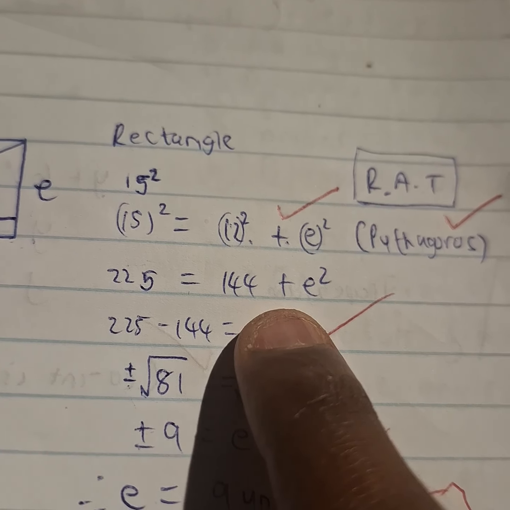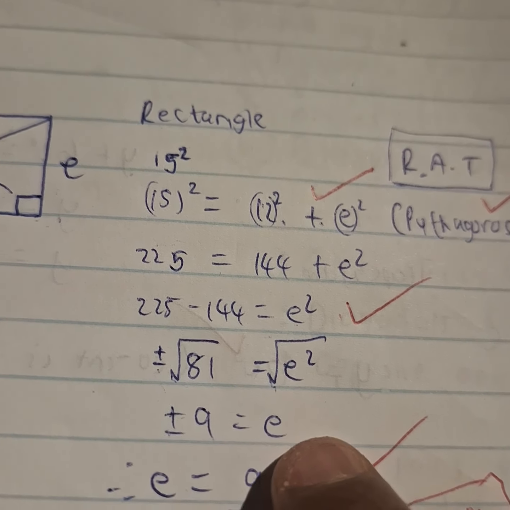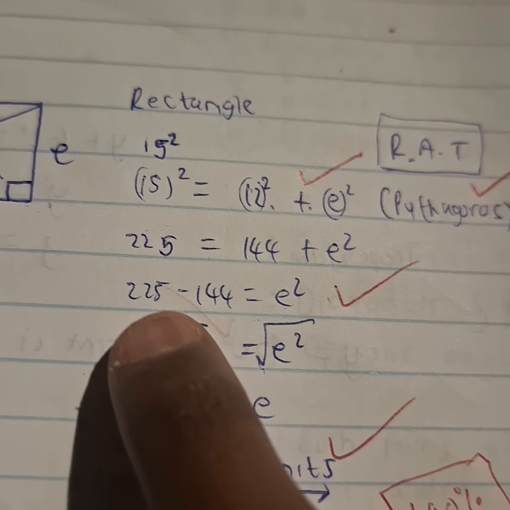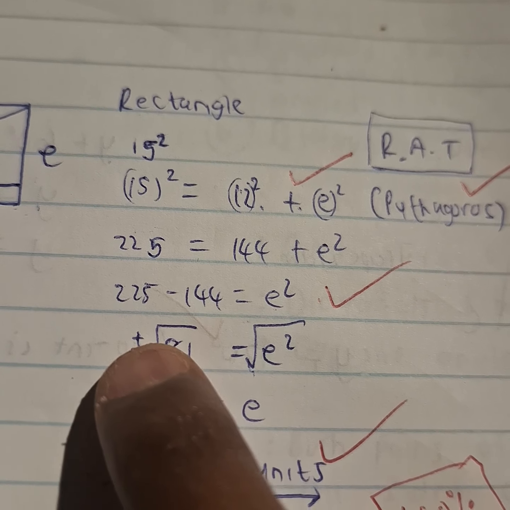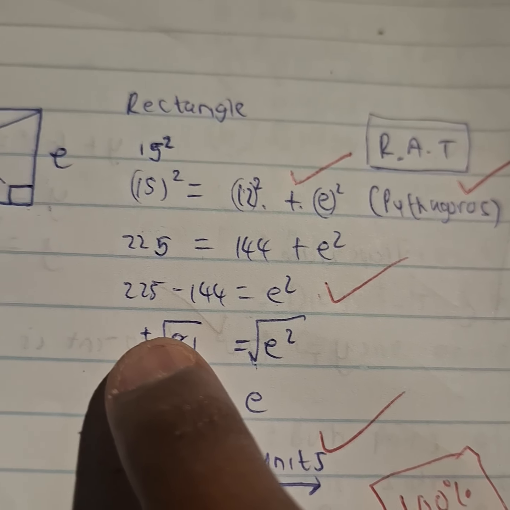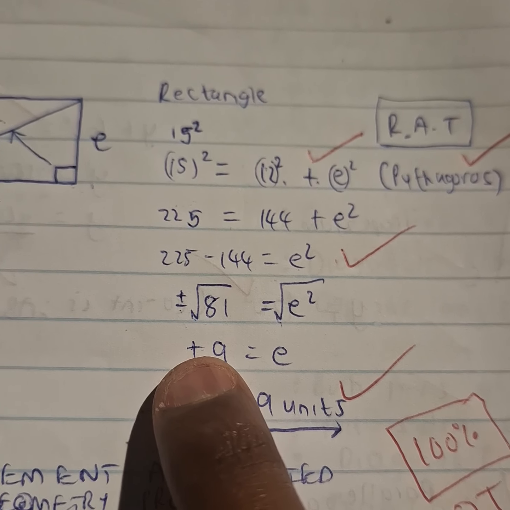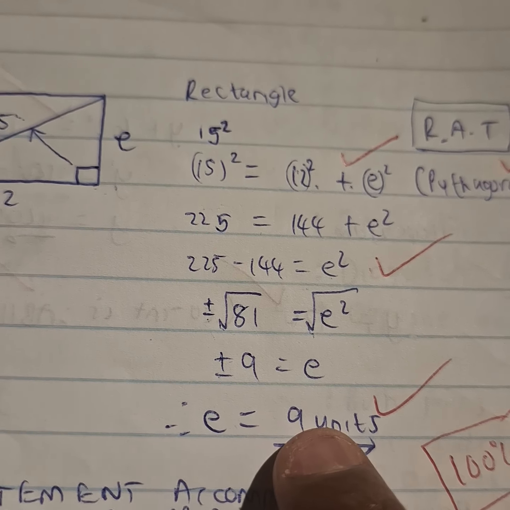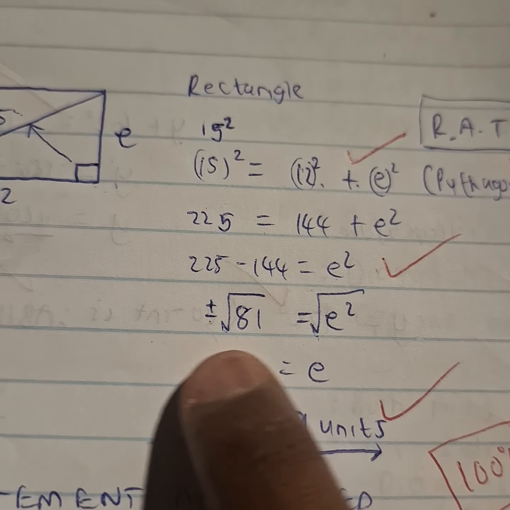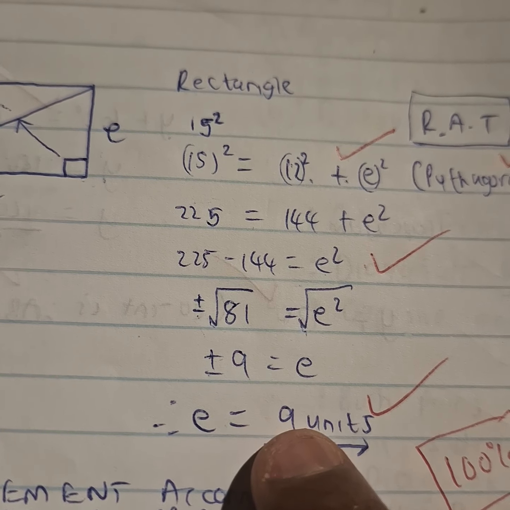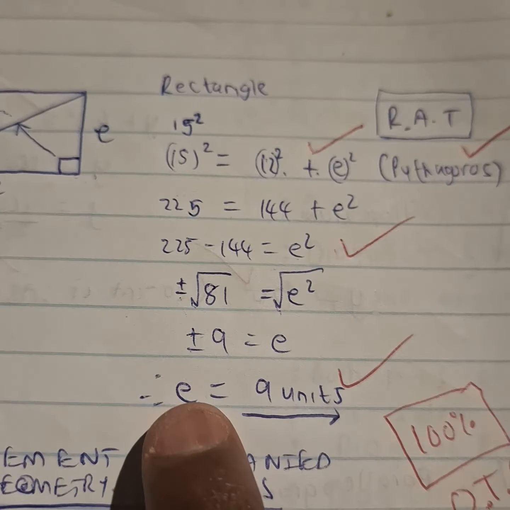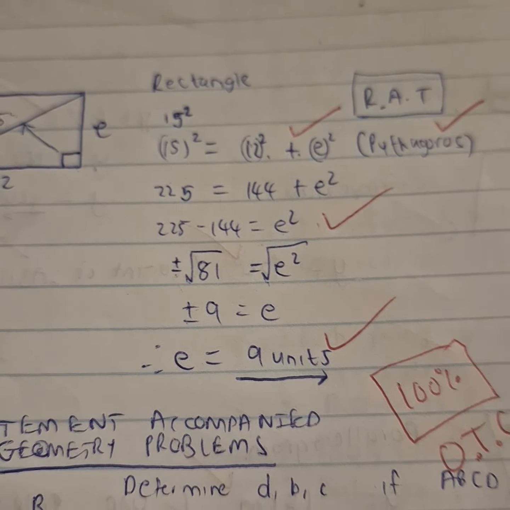We take the inverse of the square, which is the square root, so that it eliminates the square, and we get E. We take the square root of 81 on both sides. We know that we write plus minus, but because our length has to be a positive value, not negative, plus minus 9 is the answer, but E will be specifically equal to positive 9 units because our length has to be a positive value, and that's that.